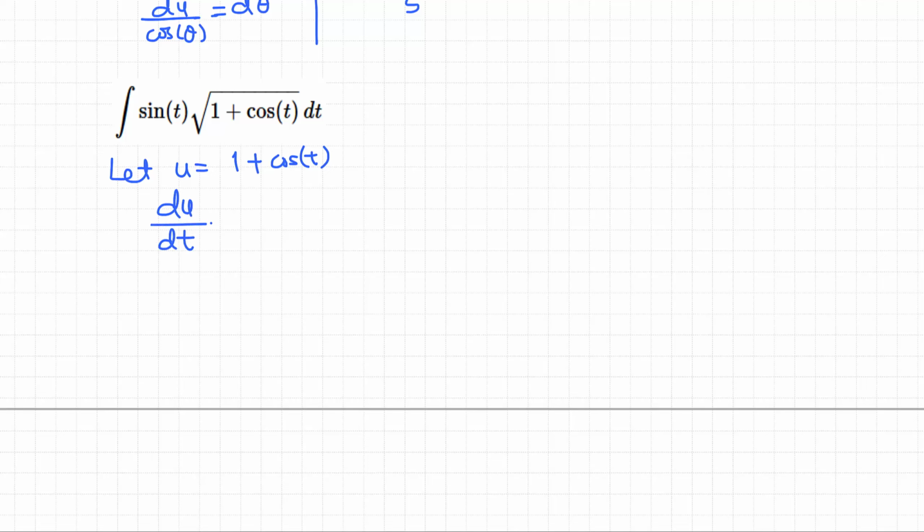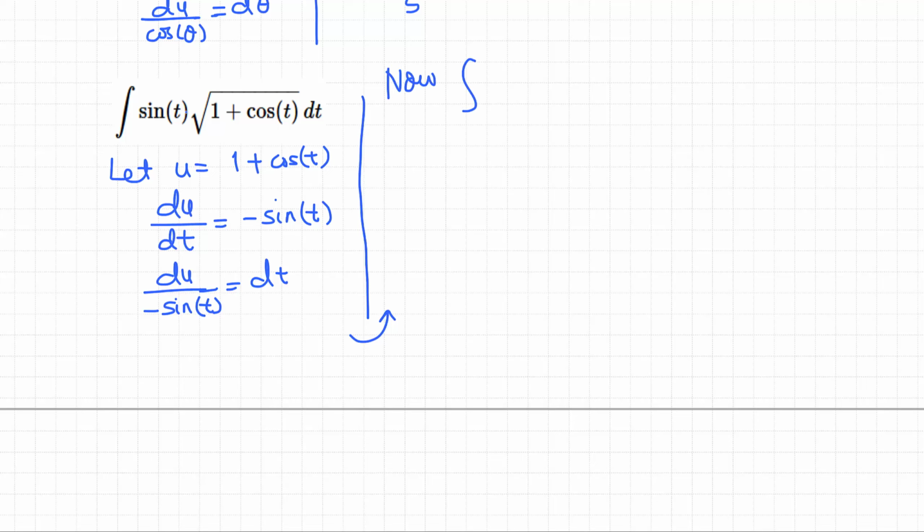Du over dt: the variable is t, so du over dt is 0 plus the derivative of cosine, which is negative sine. Now we isolate dt, moving that to the other side: du over negative sine t equals dt. Now this integral becomes sine t.